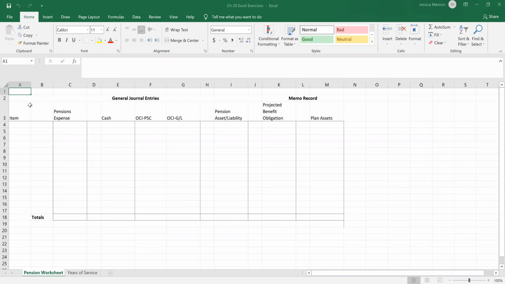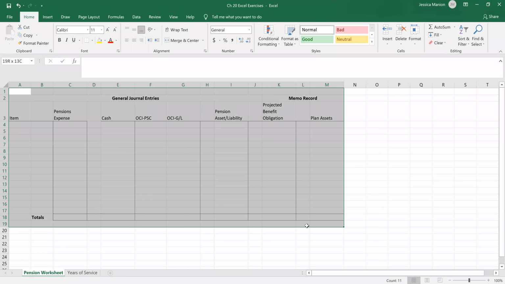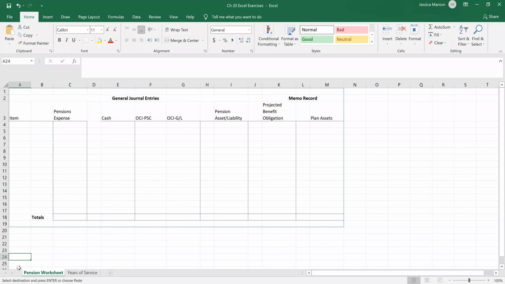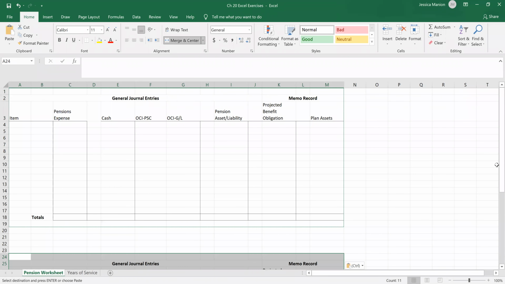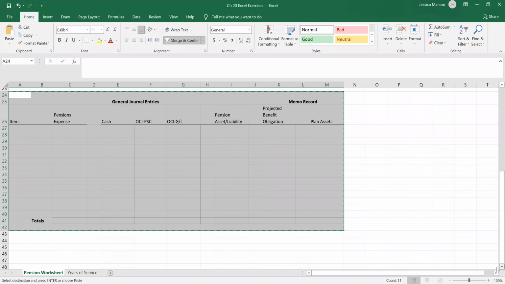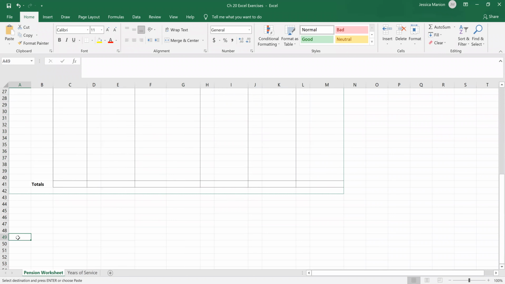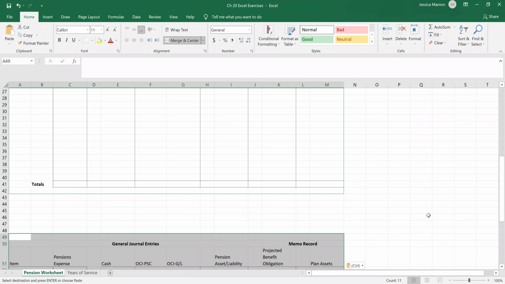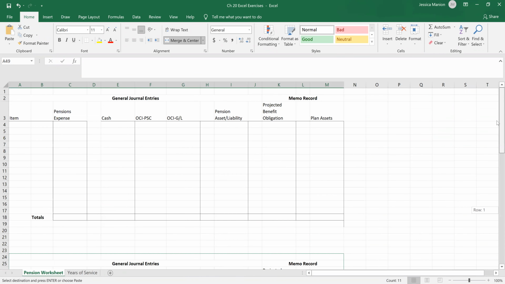I'm going to fill in the first year on this one, and then I'll just copy and paste, so then we can do the next year's worksheet, because it's going to be 3 years all together. So copy this. This is a nice comprehensive problem for us to do, right? 3 years worth of information.